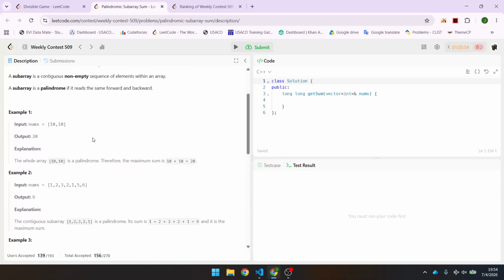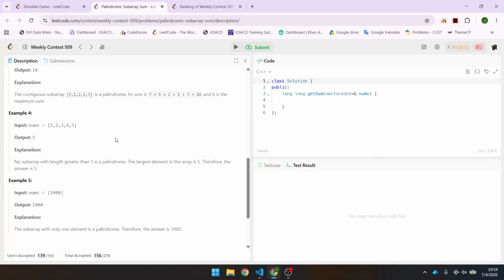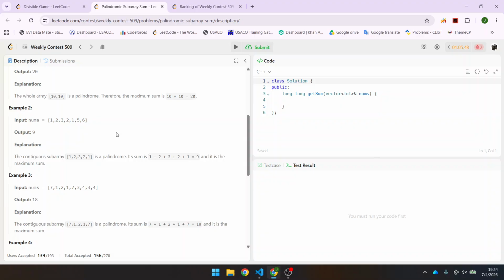So we have an O(N squared) solution. Okay, O(N squared) solution. Might have solved it. Don't know.